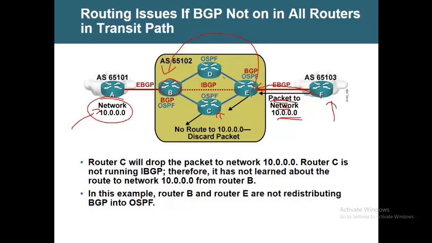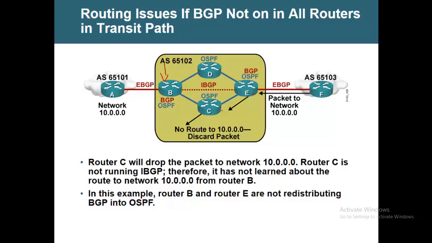No, there is no physical connection between B and E. There is a direct IBGP peering, but that peering is via these two paths. So if packet arrives to E, you have to forward it to either D or C in order to reach B.